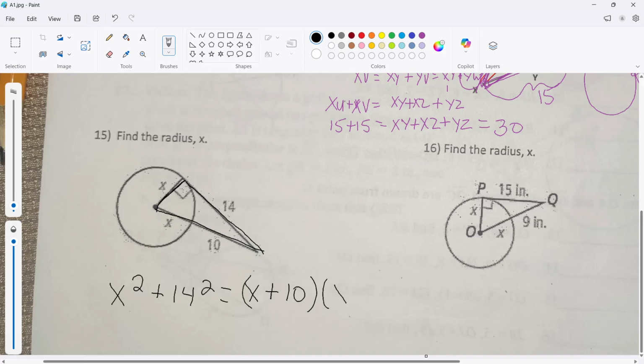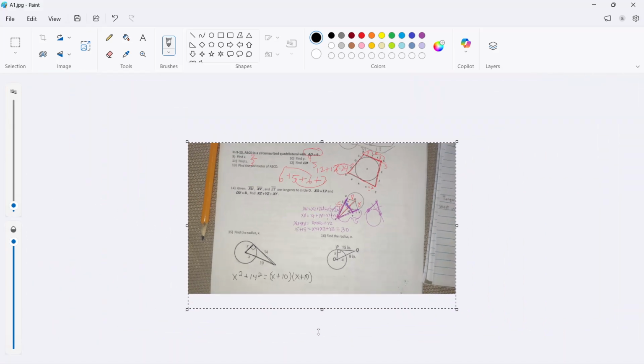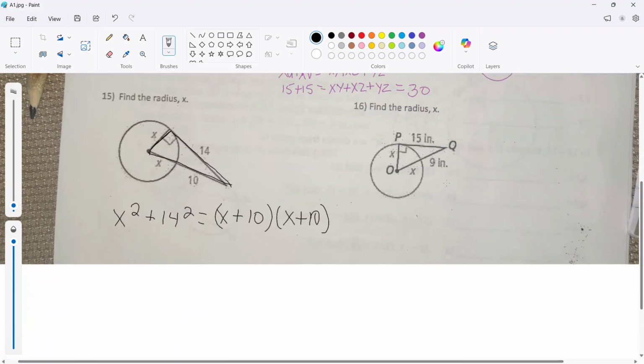But I'm going to write it x plus 10 times x plus 10 so I can FOIL it. I'm not going to use a calculator. 14 squared, I think it's 196.